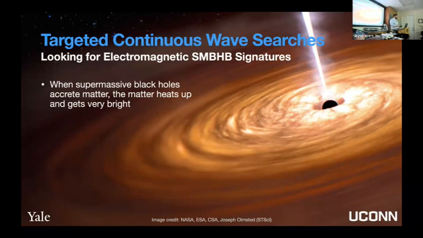Right now, when we search for continuous waves, we search all of our data, all frequencies over the entire sky. It's very computationally expensive, and we don't do as well as we think that we can. Targeted continuous wave searches allow us to do better by knowing where to look.